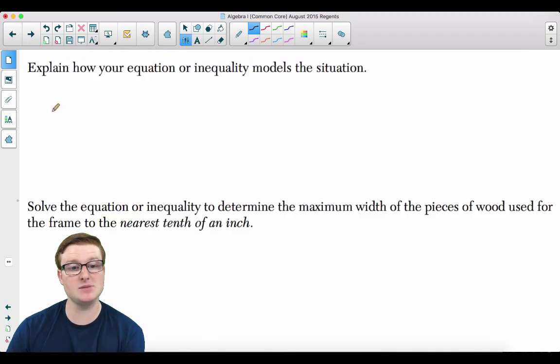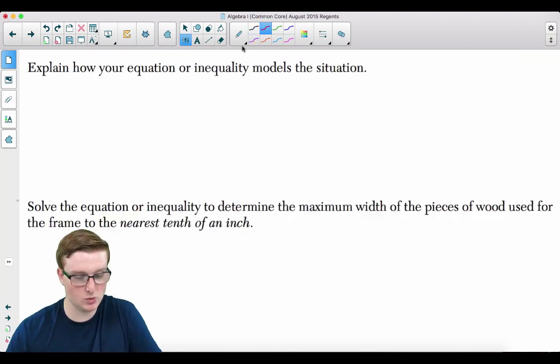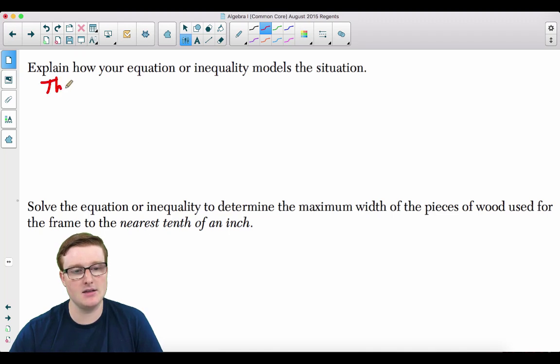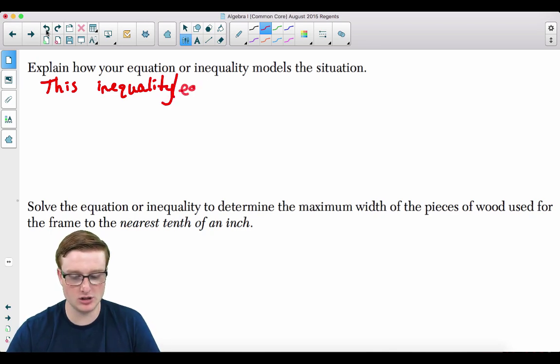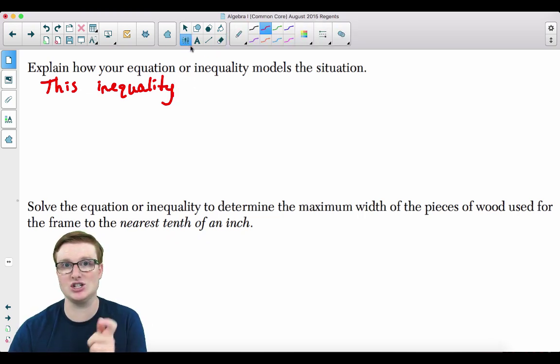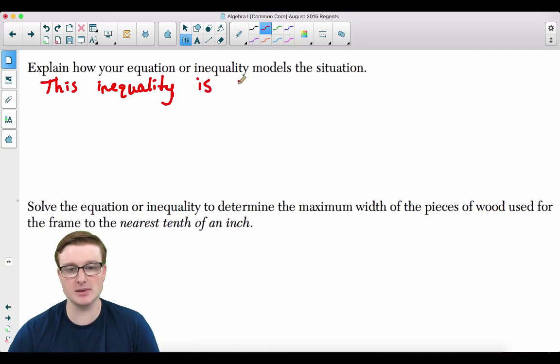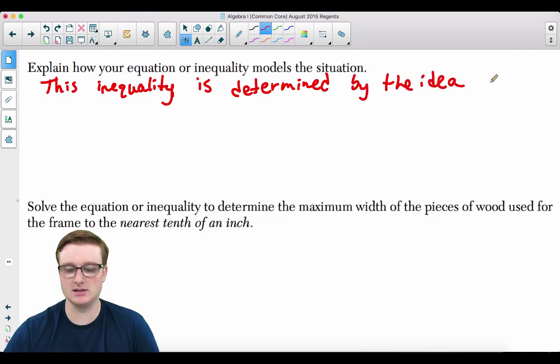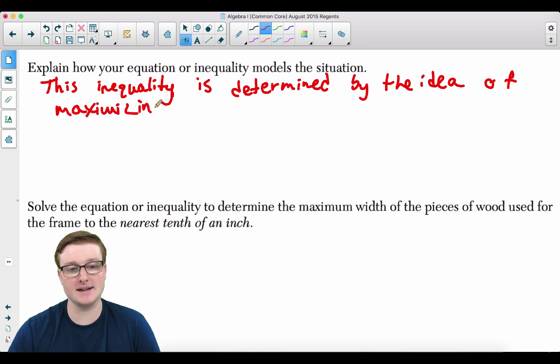Now, then it says explain how your equation or inequality models this situation. So, I said that this inequality slash equation. Well, actually, I'm just going to use inequality just because that's what I wrote on my answer key here. But if you wrote equation, then it just changes a little differently. But this inequality is determined by the idea of maximizing, because you're maximizing the area.